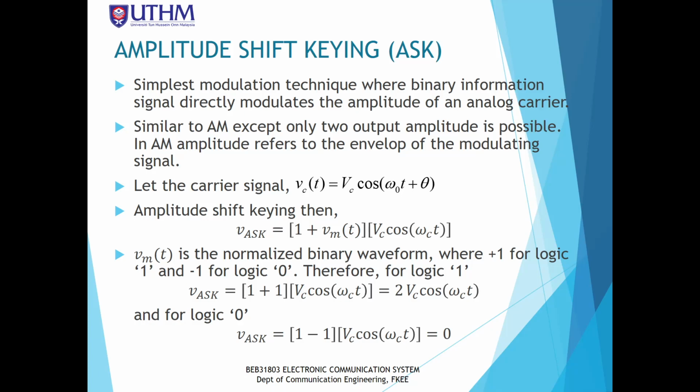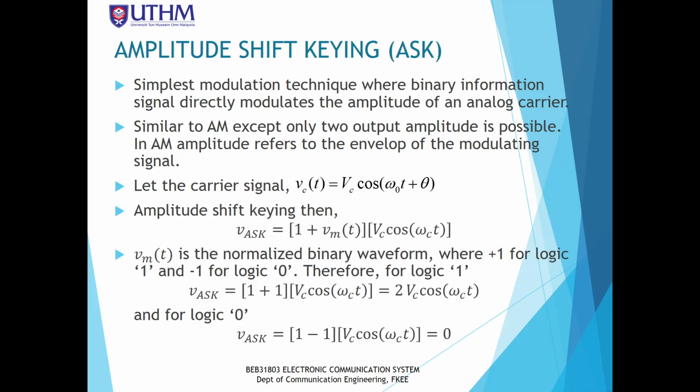We learned that ASK is a type of digital modulation that changes the amplitude of the carrier in accordance with the digital input variation. Maybe before we continue our lecture, we can refresh what we learned in the previous week.